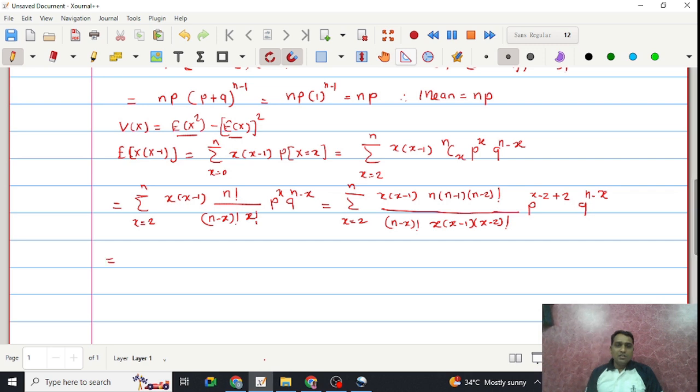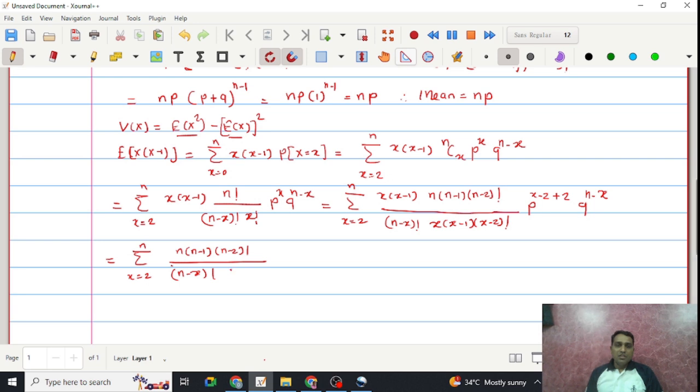So what is remaining? It takes the values from 2 to n, n into (n minus 1) into (n minus 2) factorial upon (n minus x) factorial as it is. This x into (x minus 1) gets cancelled.